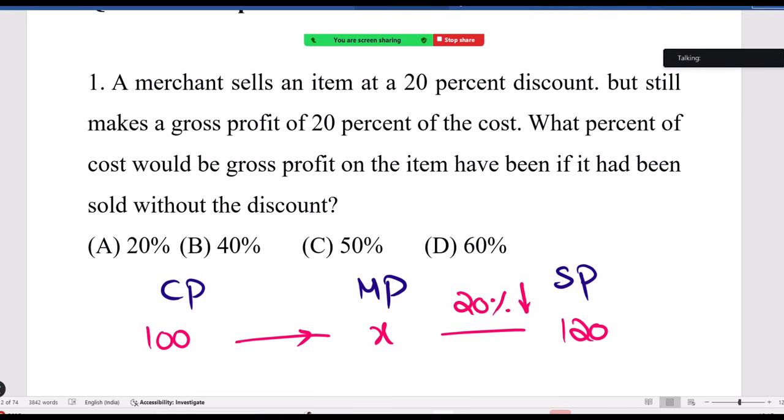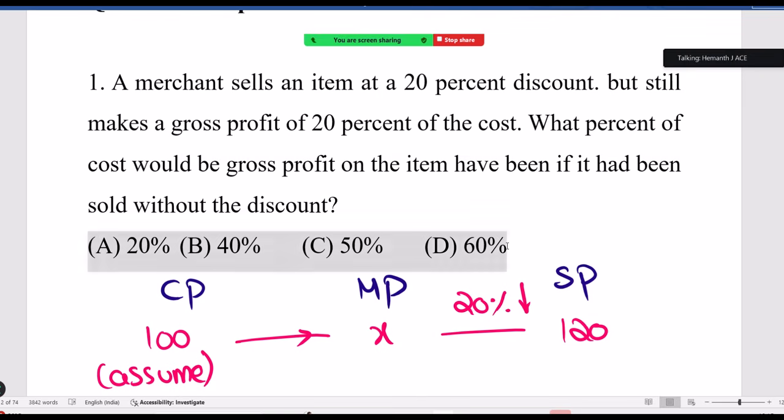Because you have profit linked with selling price and cost price directly, if the cost price is assumed as 100, then the selling price will be 120, because they said 20% profit. And after that 20% discount, so I am taking the marked price as something X. Don't worry about the options, one of them should be correct.